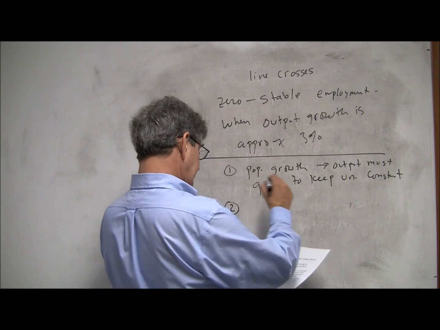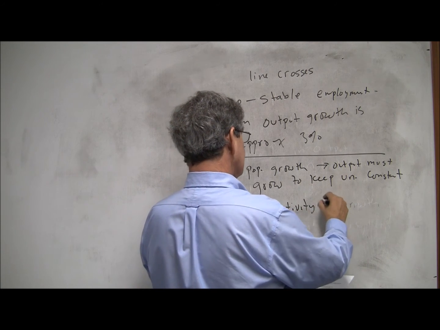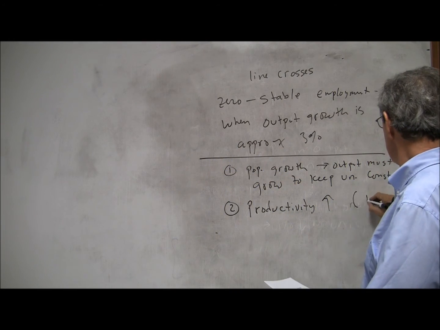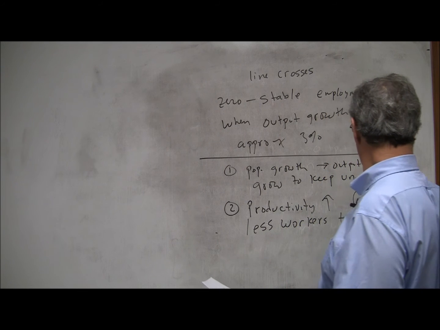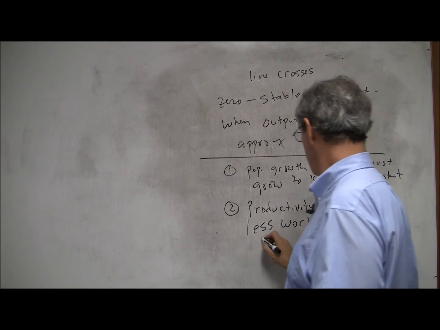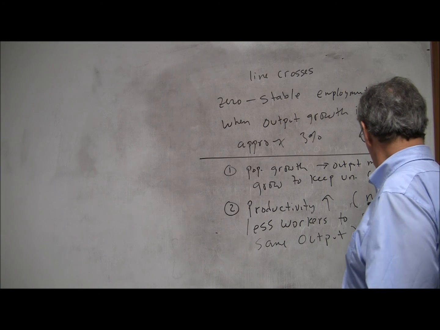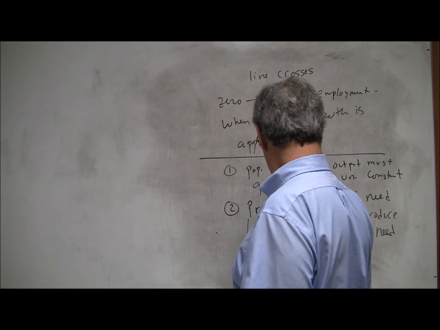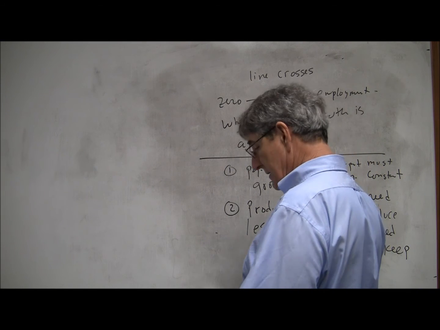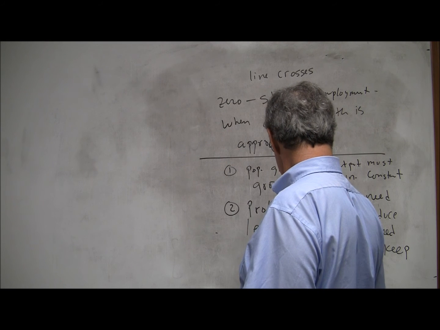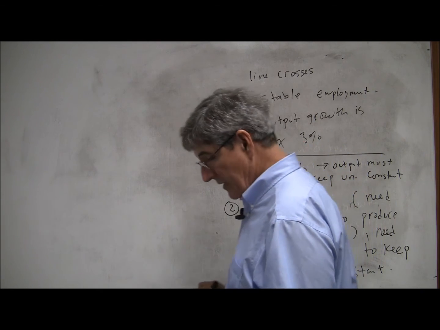The second thing is if productivity, output per person, goes up, that is, you need fewer workers to produce the same output, you're going to need output growth to keep employment constant. Let's do an example.